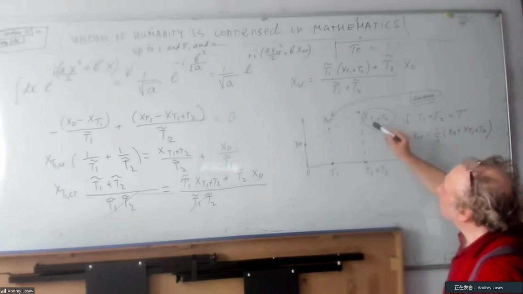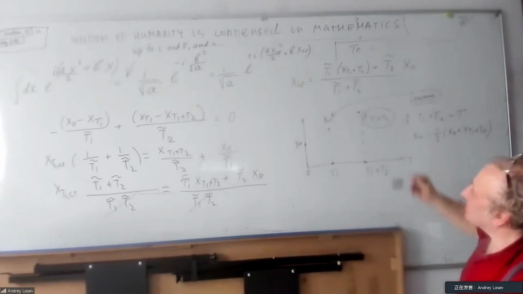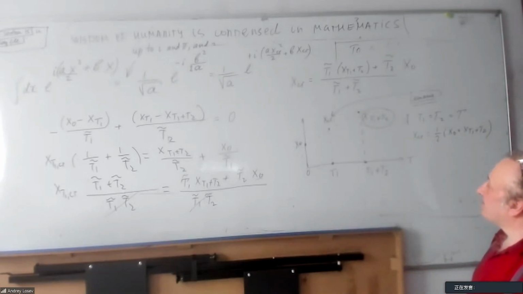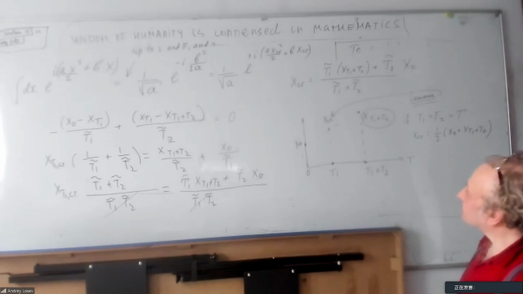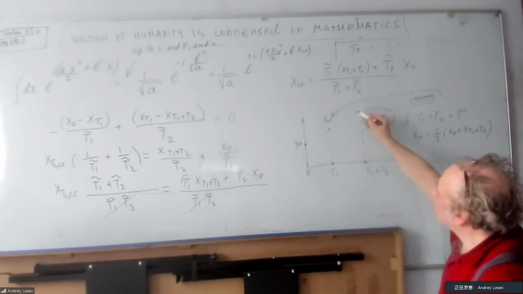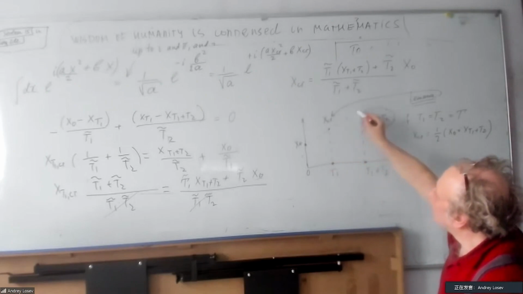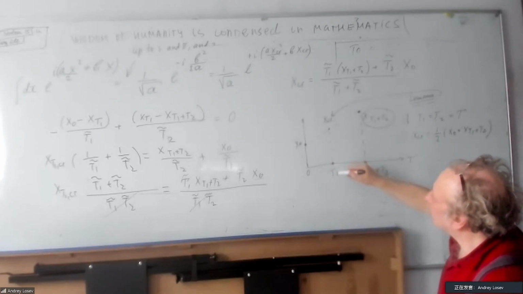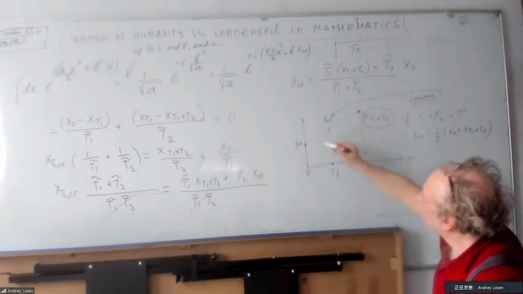Now, what happens if t1 and t2 are different? Let me do it as follows. Let me draw the equation for this line and check that its value at t1 is x critical.